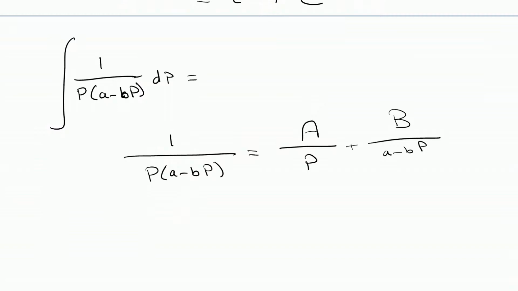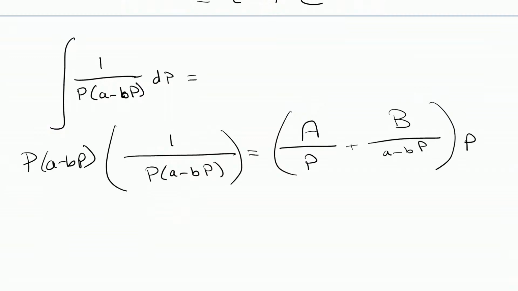Okay, just to remind you, it's a good thing we're reviewing this because later on, especially when we get to Laplace transforms, we're going to need to do this quite a bit. So we might as well get in the swing of things now. Okay, so multiply everything by the denominator, P times (A minus B times P).